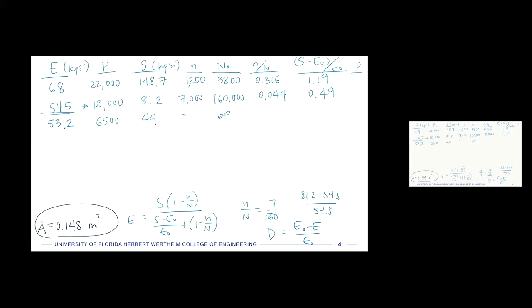And even at sort of 50,000, right? We have 50,000 divided by infinity, we get 0 here. And then if that's 0, that's 1, that's 1. I don't think it changes at all, right? So our endurance limit is going to be the same.